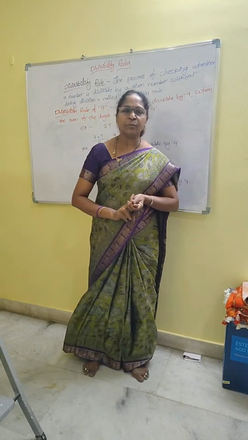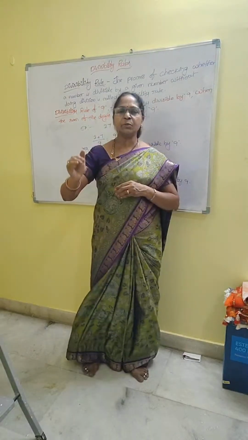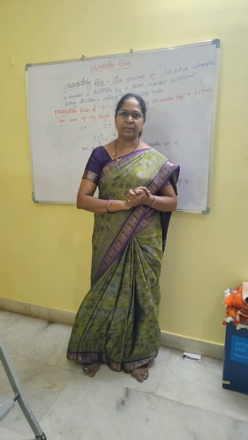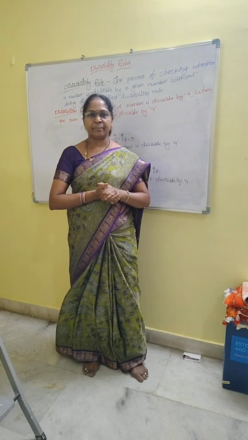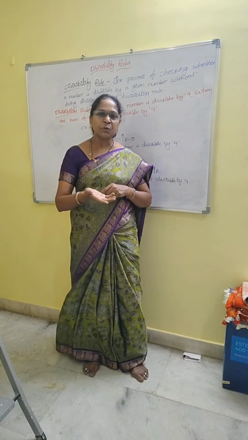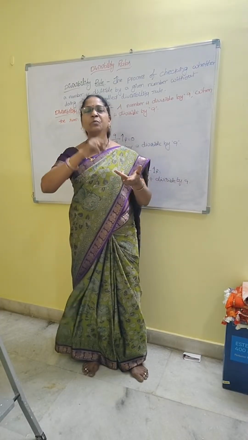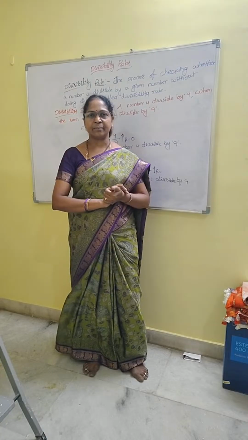So in this, the divisibility rule of 2, you know that. Next, divisibility rule of 3. What is the divisibility rule of 3? A number is divisible by 3 if the sum of the digits is divisible by 3. Next one is the divisibility rule of 6. A number is divisible by 6 if the given number is divisible by both 2 and 3, then only it is divisible by 6.